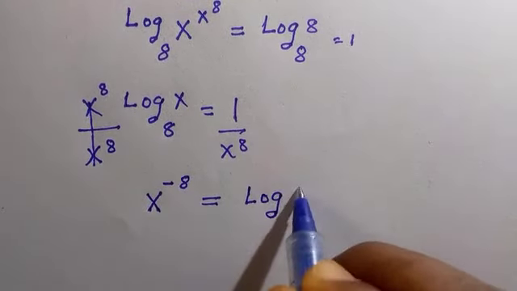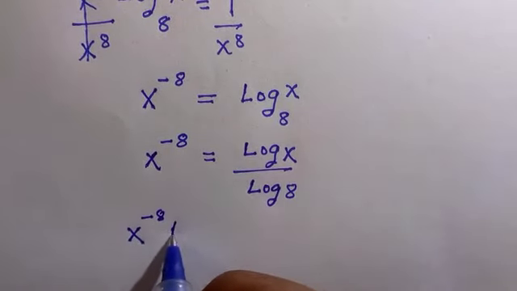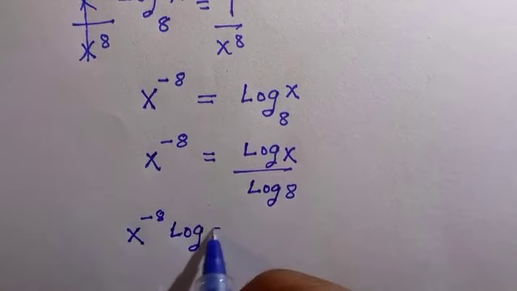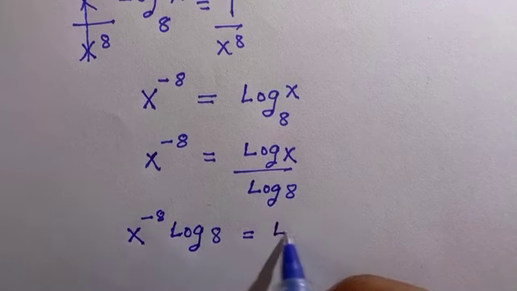From the law of logarithms, the right hand side becomes log x divided by log 8. Cross multiplying, we have x raised to power minus 8 times log 8 equals log x.